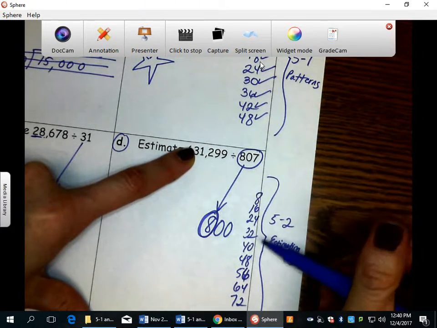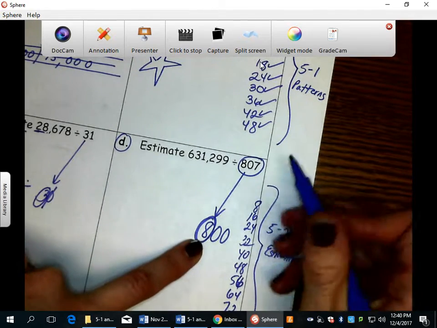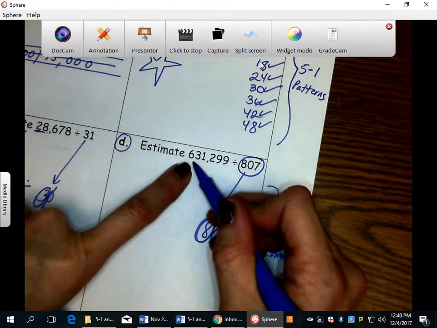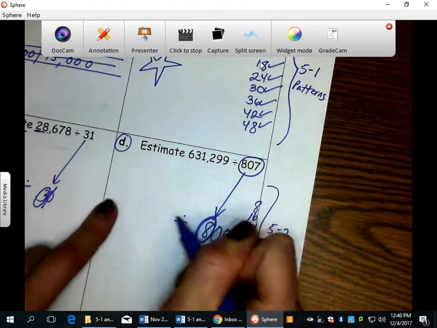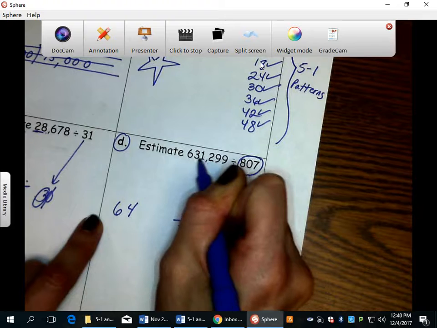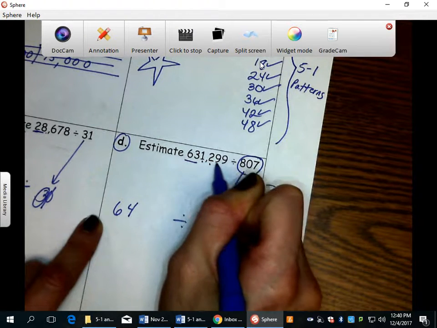So if I count up by 8s, I see 8 goes into 64. That's pretty close. So what if I make it 64 with 1, 2, 3, 4 zeros?